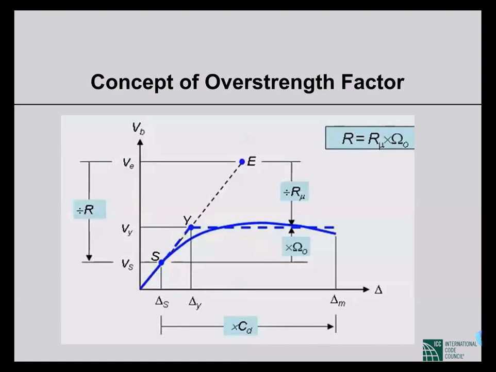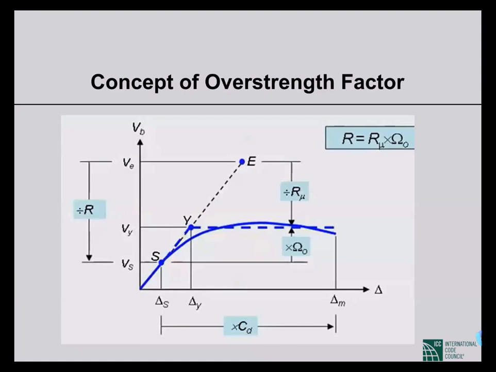The concept is, if our structure were completely elastic, then under some seismic event, the base shear that would come onto the structure is, suppose, VE.